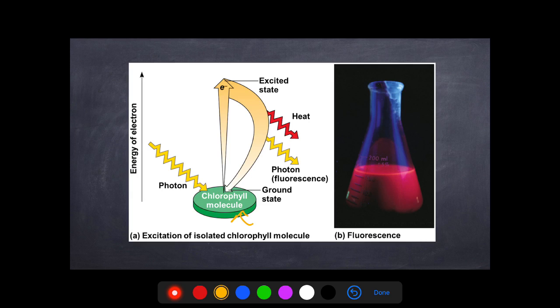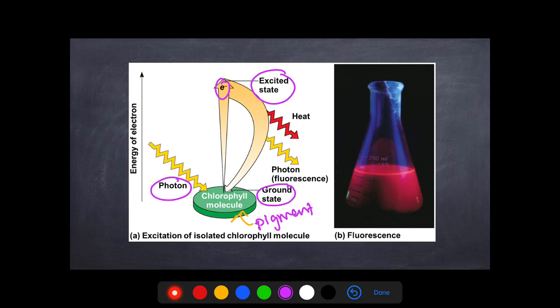So here is an example of what I'm just talking about. So you have a chlorophyll molecule that carries a pigment. You have a photon, which carries light energy.